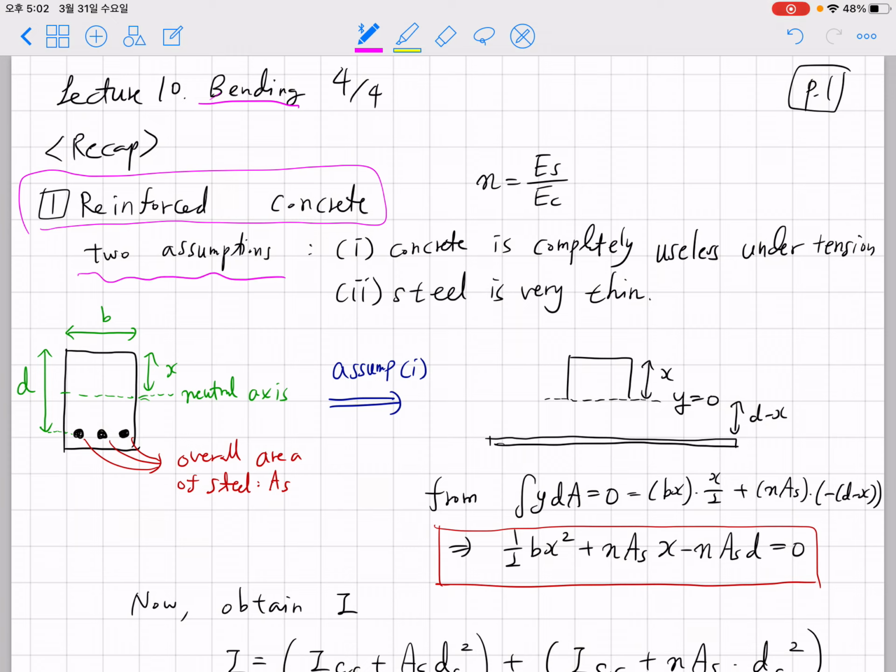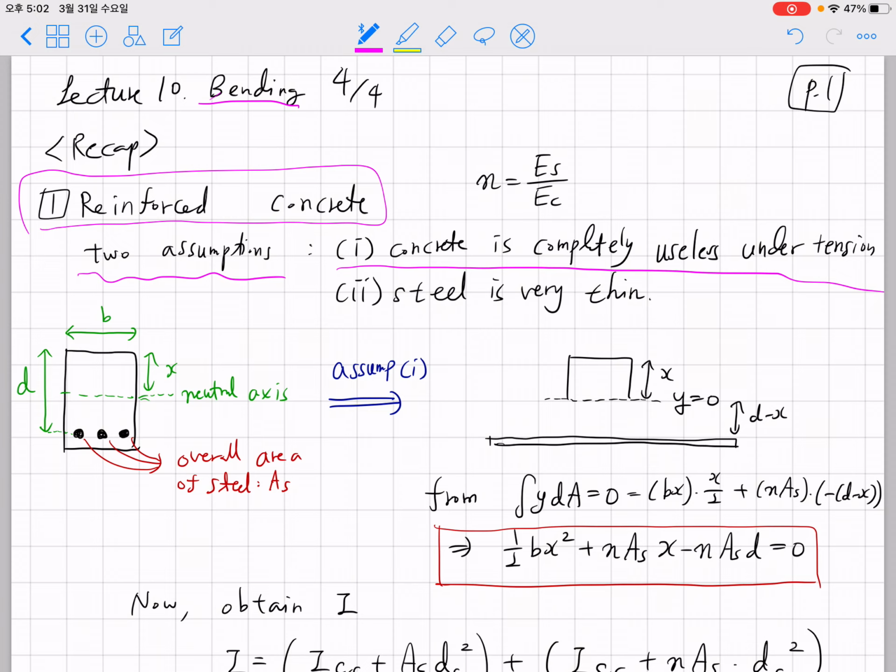The first assumption was that concrete is completely useless under tension. So under tension, concrete has zero modulus and zero strength. That's the first mathematical simplification.